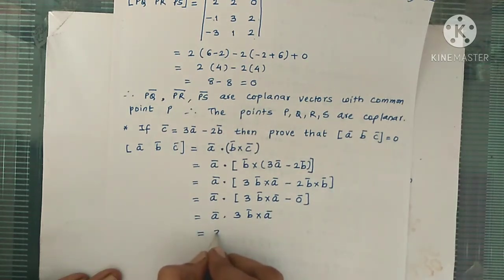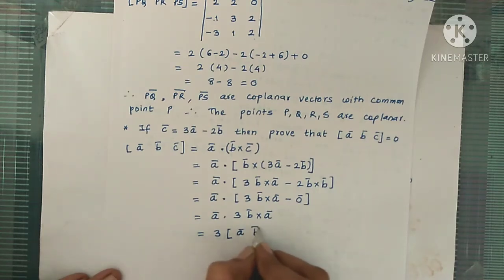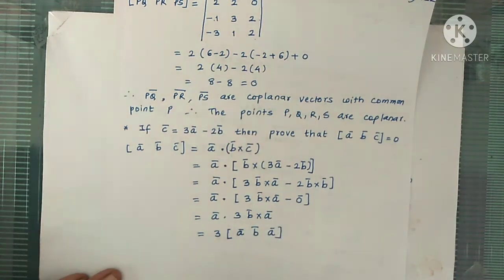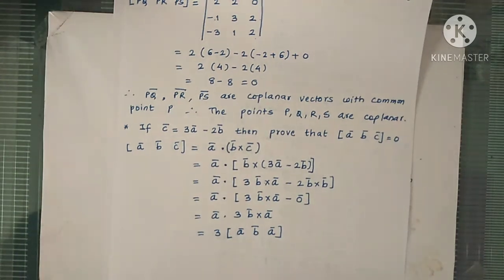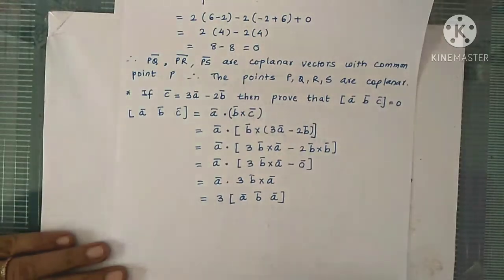So this becomes 3 scalar triple product a bar b bar a bar. And if a vector repeats in a scalar triple product, then its value is 0. Why? Because the scalar triple product is a determinant.